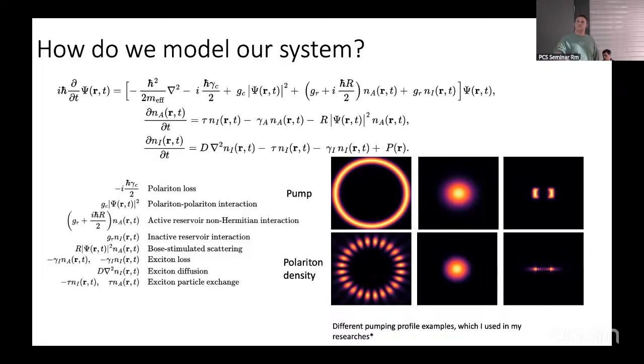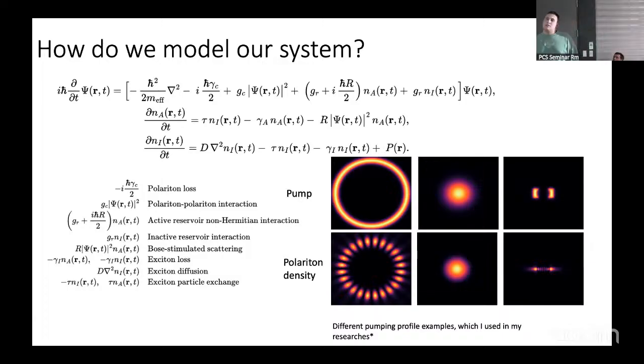Here we have the kinetic term and some non-Hermitian terms which correspond to the outcome of particles and income of particles to the condensate, due to polariton loss and due to exciton scattering to the condensate.